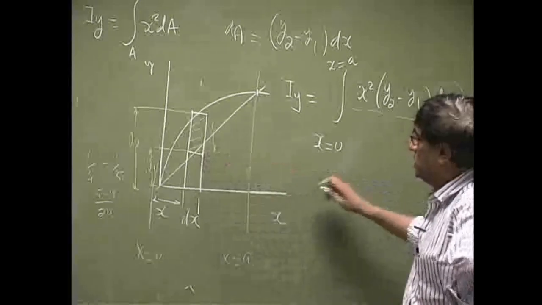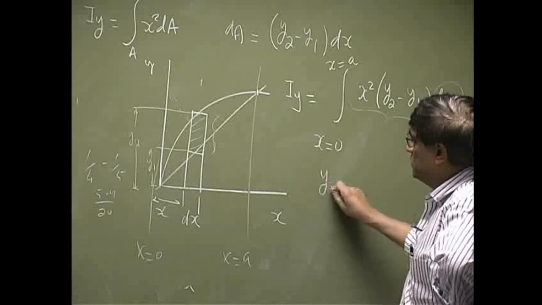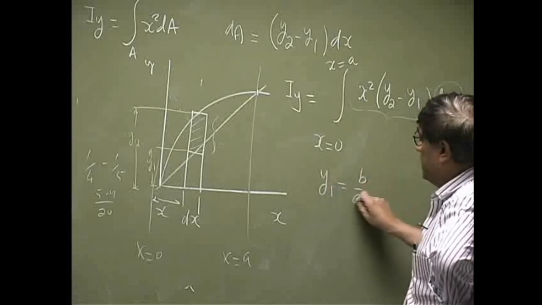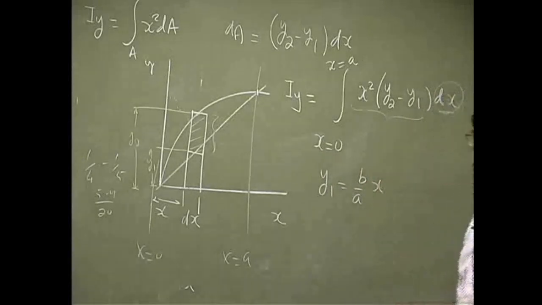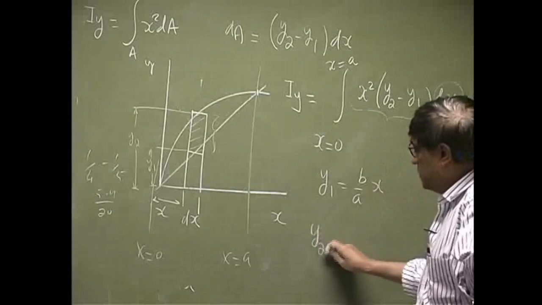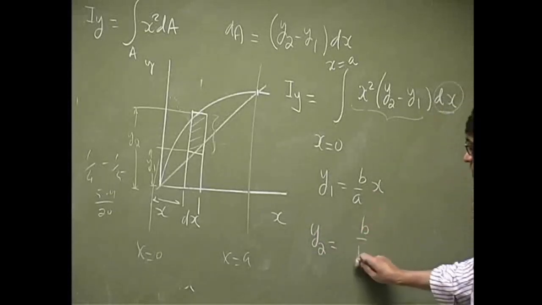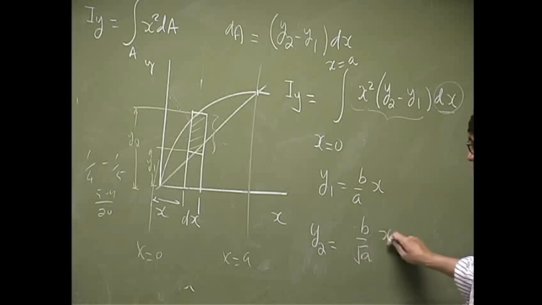See this line here, you know the equation. That equation is y1 equals p over a times x. So you could use that for y1. The second one is y2 equals p over square root a times square root of x.